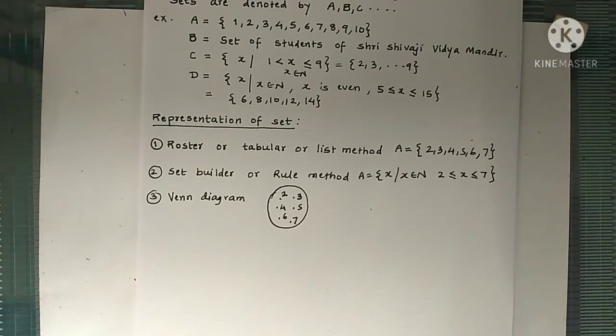So these elements are included in a circle or oval shape diagram, or any rectangle or triangle. You can use any shape. So this is a Venn diagram. Okay, so we can represent a set by these three methods.